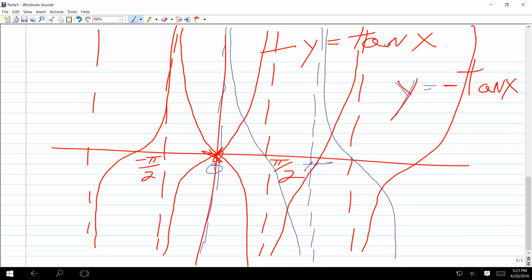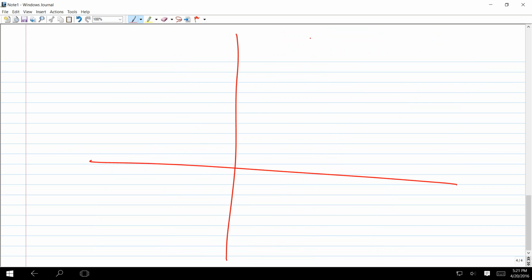In other words, first of all, if I show you just a curve, if I put a curve out here like that, you can't really tell, without the x-axis being labeled, whether that's a cotangent curve or a negative tangent curve.